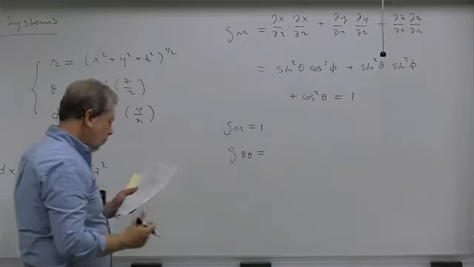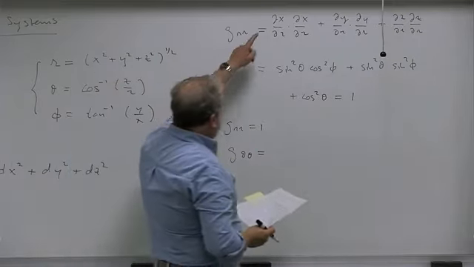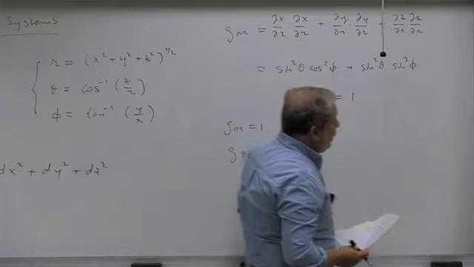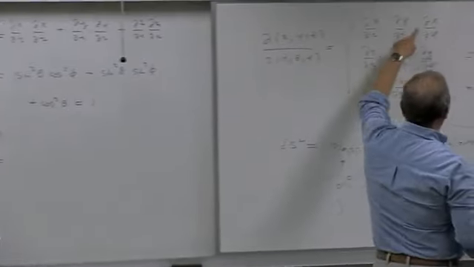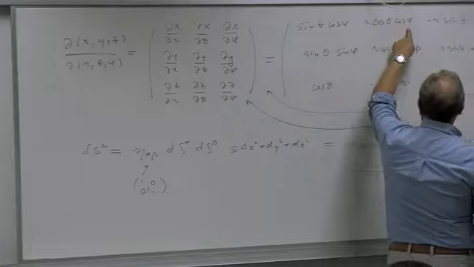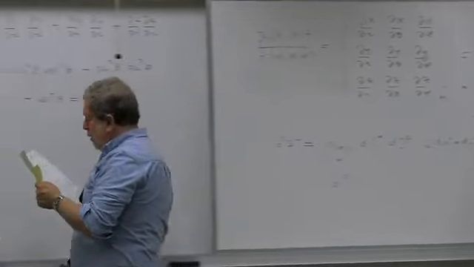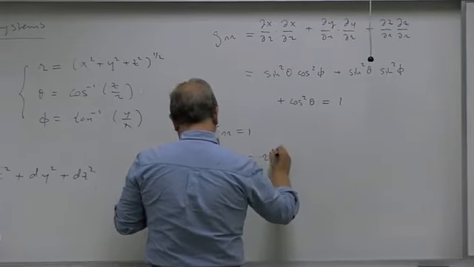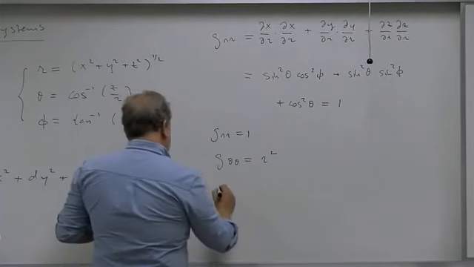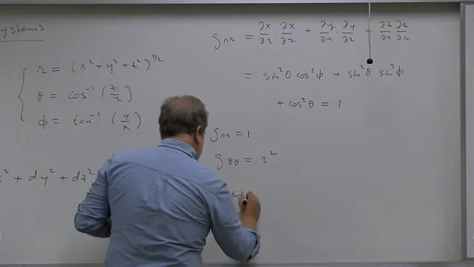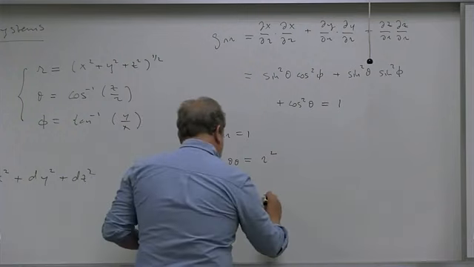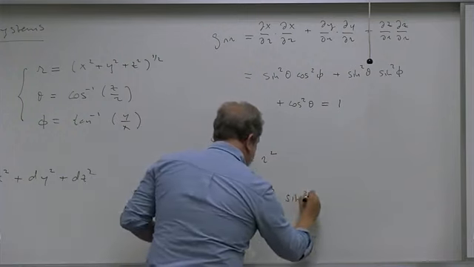That's going to be dx by d theta twice. So dx by d theta is this entry right here, and that's going to get squared. And then I'll add all the other ones, and this turns out to be just r squared. And g phi phi is equal to r squared times sine squared theta.